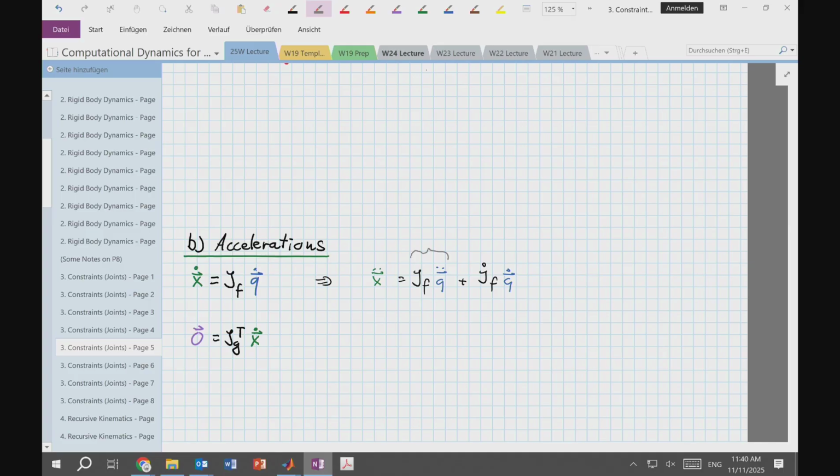And that, of course, leads to the fact that I get an x double dot. So this is the acceleration from change in generalized velocities. So my q dot change, I get generalized acceleration, and that gives me, of course, an acceleration in my x space.